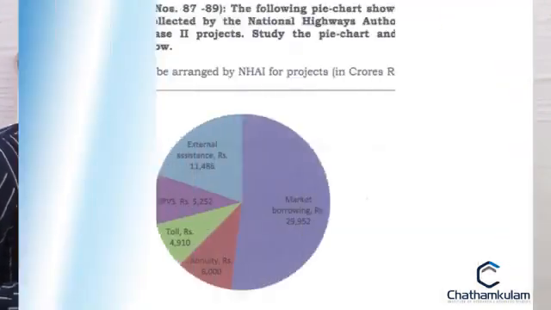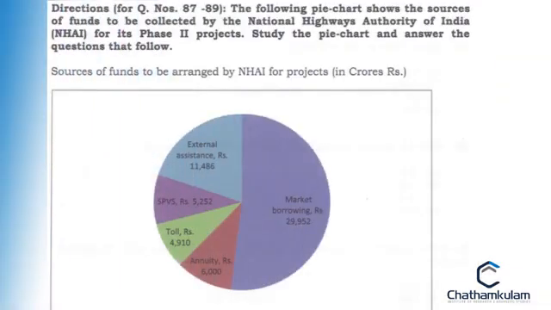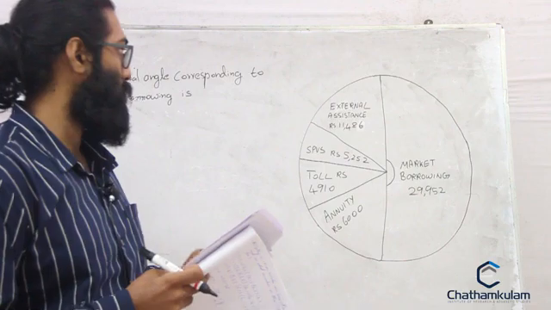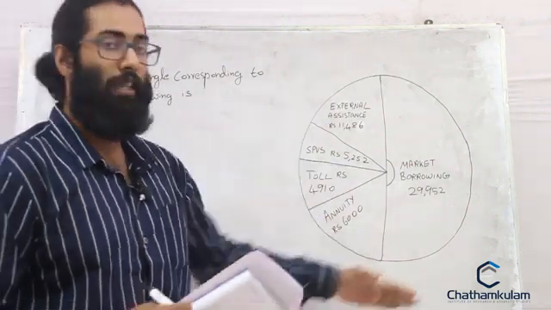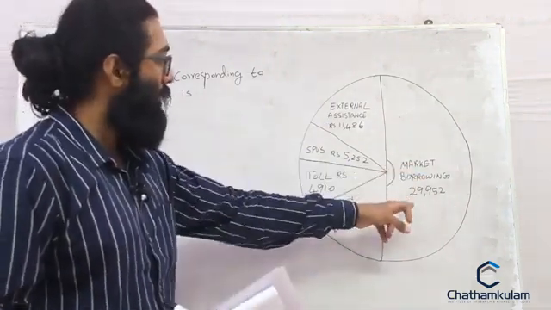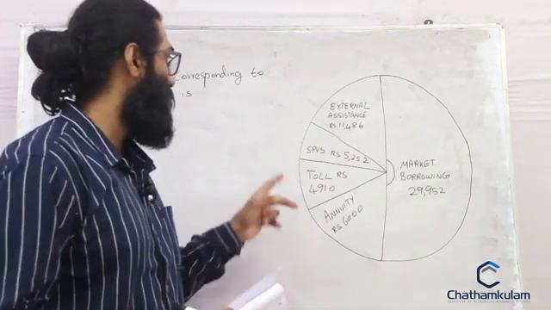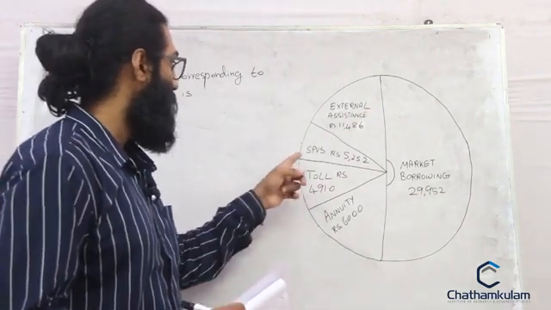The following pie chart shows the source of funds to be collected by the National Highways Authority of India for its phase 2 projects. Study the pie chart and answer the following questions. Source of funds to be arranged by NHAI for the projects are in crores. So this is the pie chart given. Market borrowing is 29,952. External assistance is 11,486.